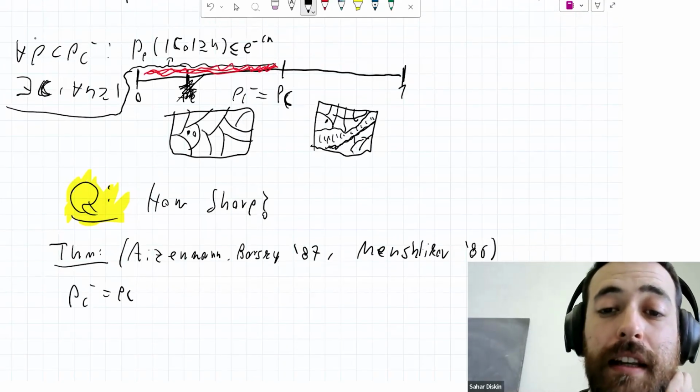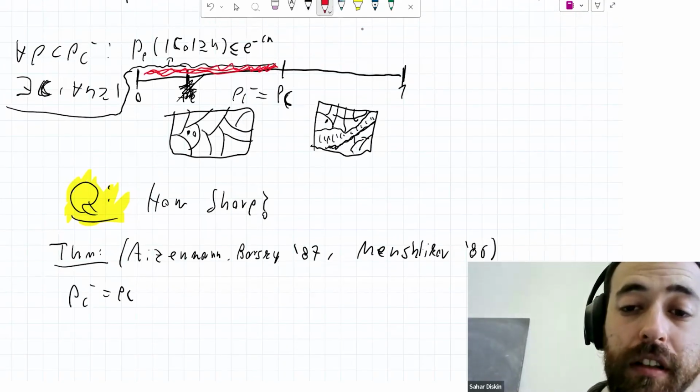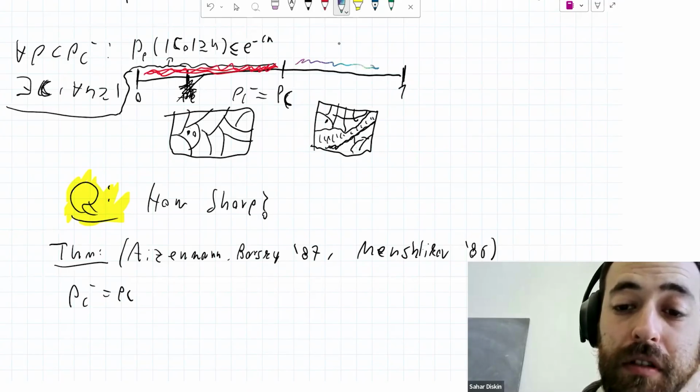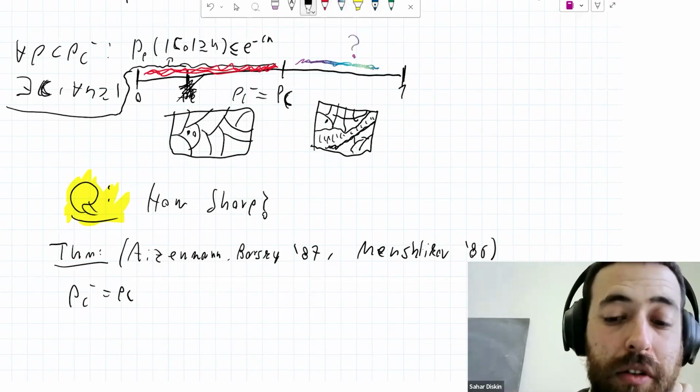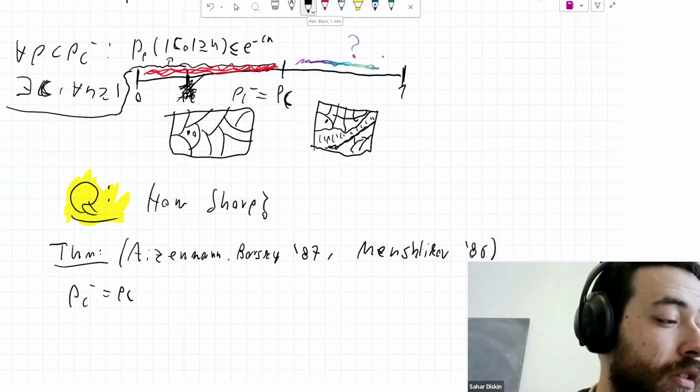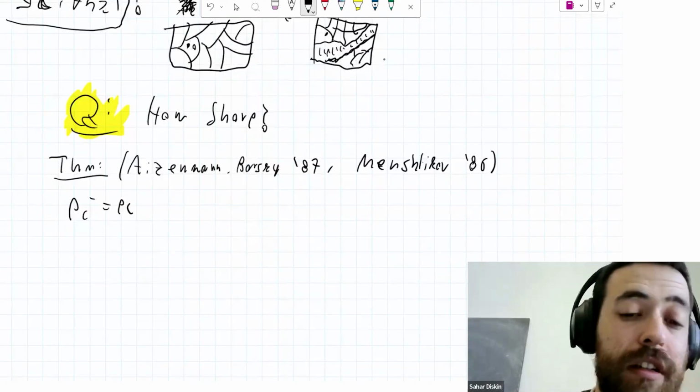Can I find an analog of it for the supercritical regime? And it took some time, but not a lot of time, just a couple of years.